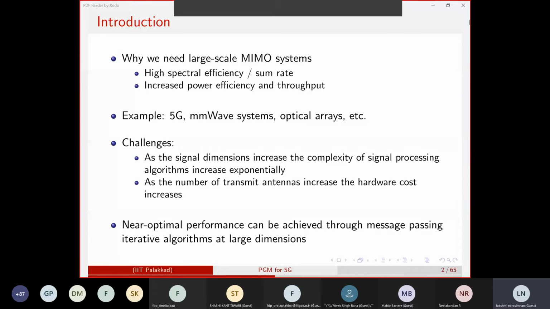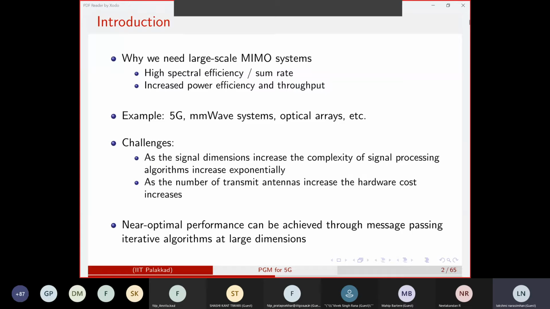Typically, in millimeter wave systems, which are now part of 5G, they have 128 antennas even in a small patch of receivers. Typically in millimeter wave systems, we have base stations which have even 300 or 600 antennas.